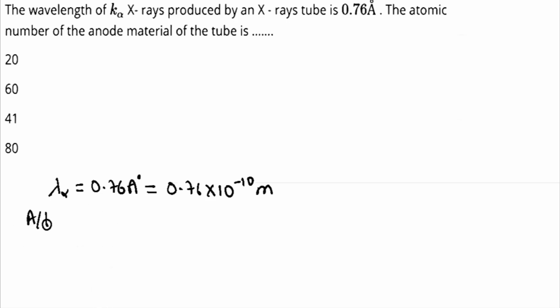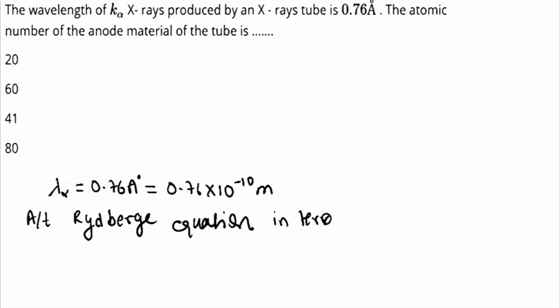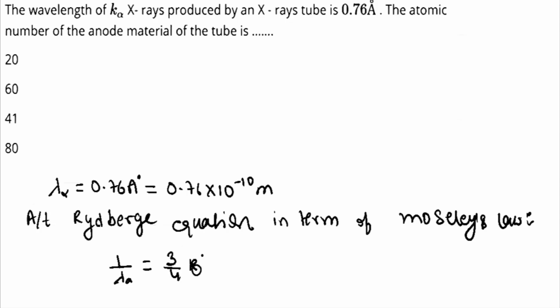According to Rydberg, in terms of Moseley's law, we can write the formula as 1 by lambda of K alpha is equal to 3 by 4 into R into (Z minus 1) whole square.